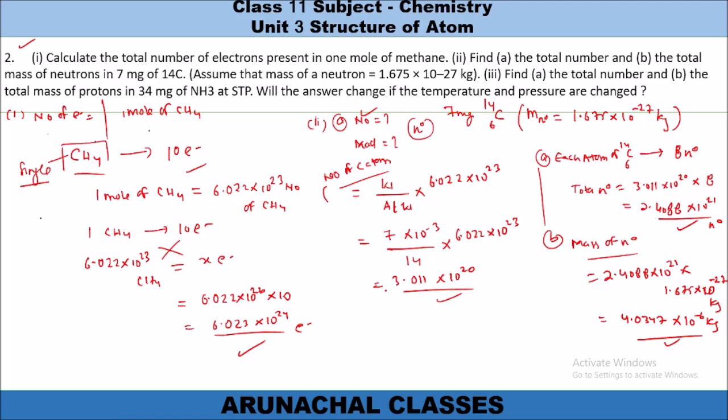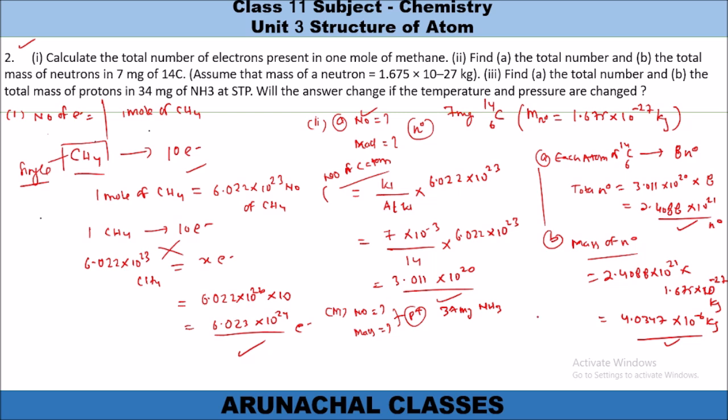Here in this question we have a third part also. Let us solve this one. Here they are saying to find the total number of protons and the total mass of protons in 34 milligram of ammonia, a sample at STP, standard temperature and pressure condition. Let us first find out how many ammonia molecules are there.